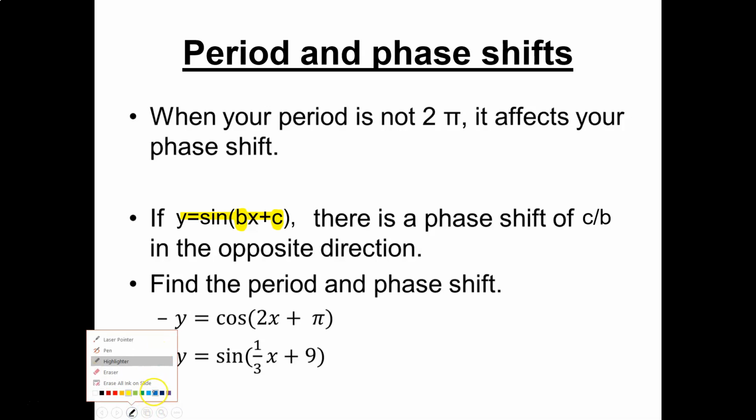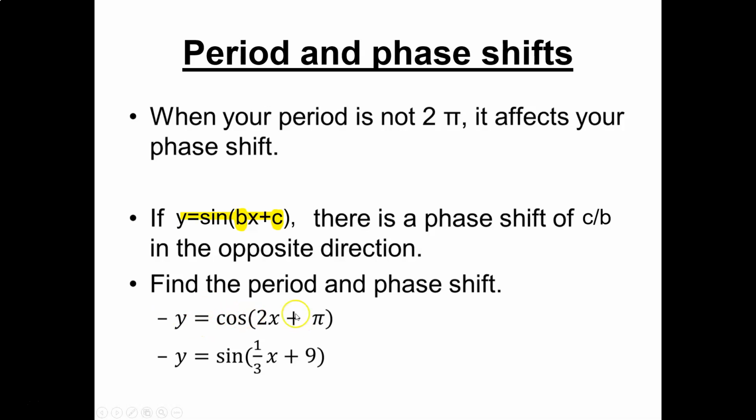Essentially, you are factoring out the b out of this right here. But mostly, if you just remember this rule, you will be okay. If you have a number here in front of your x, it changes your phase shift. All right, so the phase shift of this is going to be c divided by b in the opposite direction.